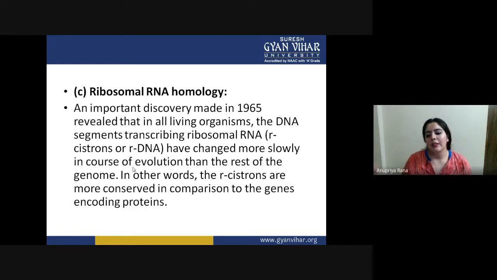So actually it carries intact knowledge from the ancestral time to the present. That's why ribosomal RNA homology is very important. This non-changing nature over time makes it an important point to consider when we are doing classification or taxonomy.